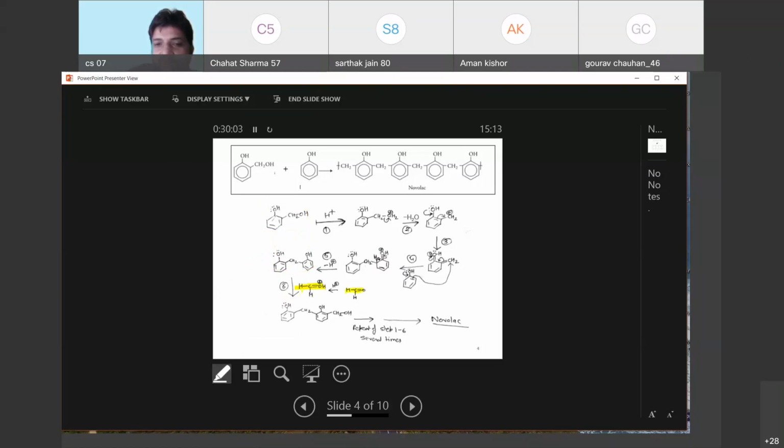Okay, formaldehyde. Means one of the phenols in this molecule reacts again. Okay, in the molecule formed above there are 2 phenols, one on the right side and one on the left side.